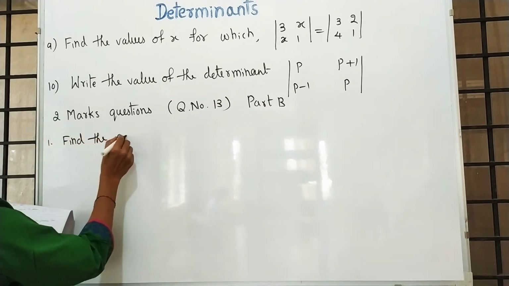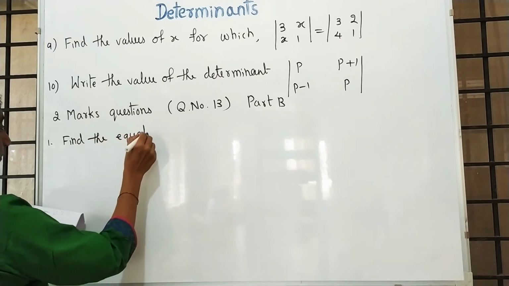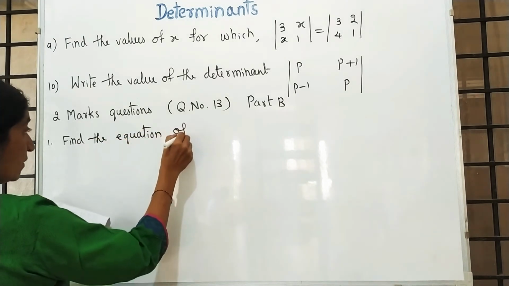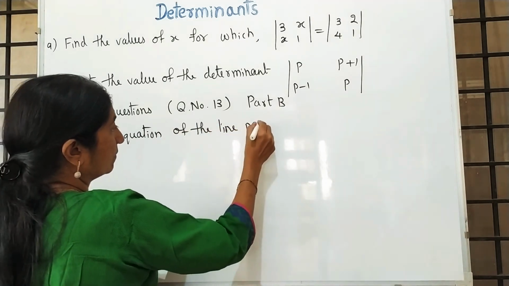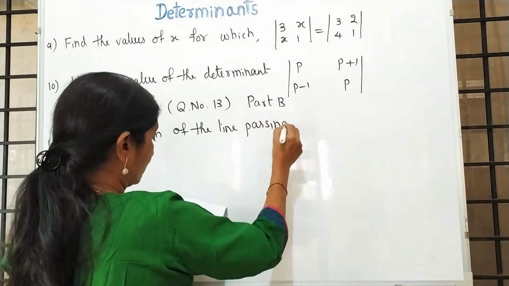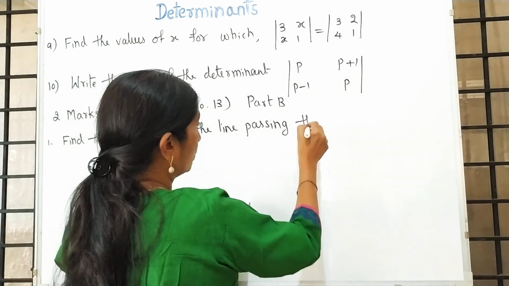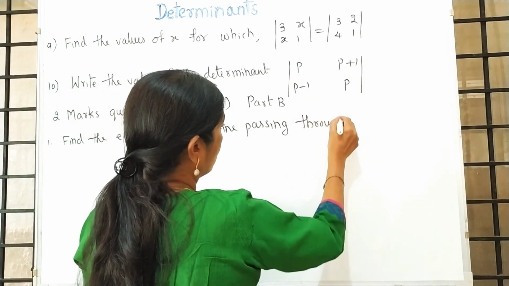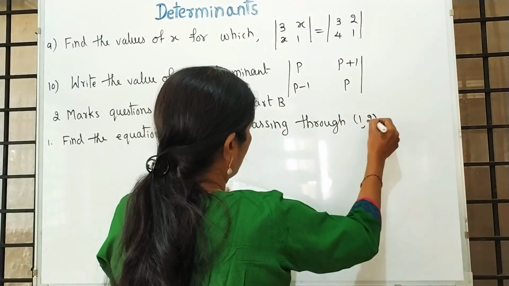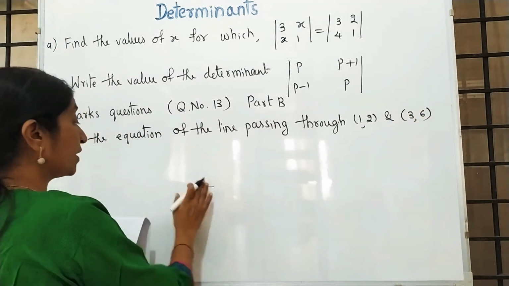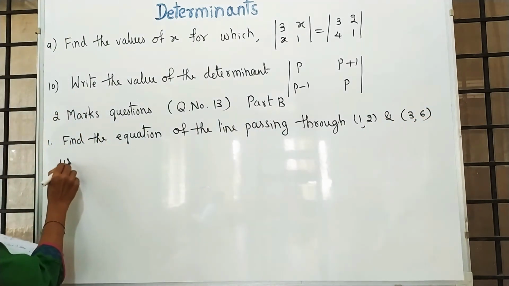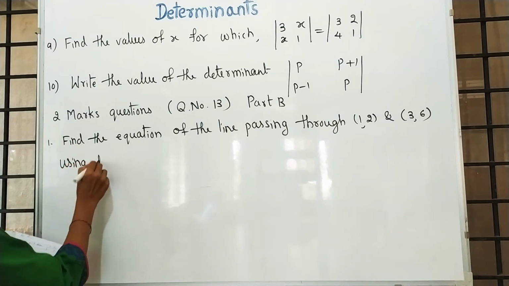Find the equation of the line passing through 1, 2 and 3, 6 using determinants.